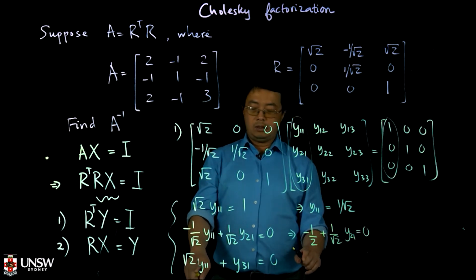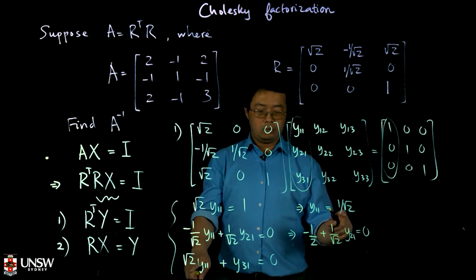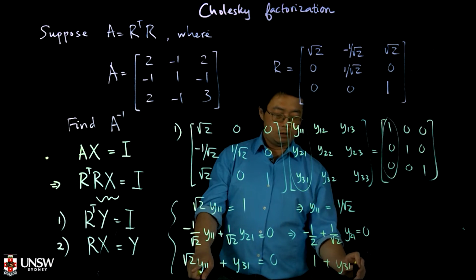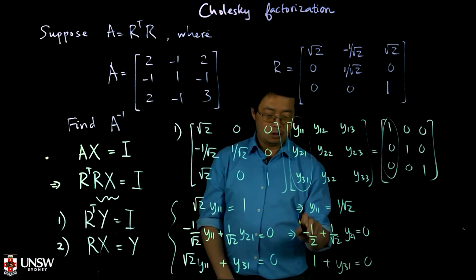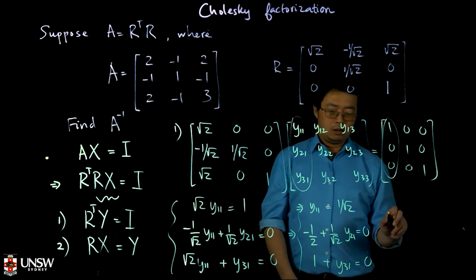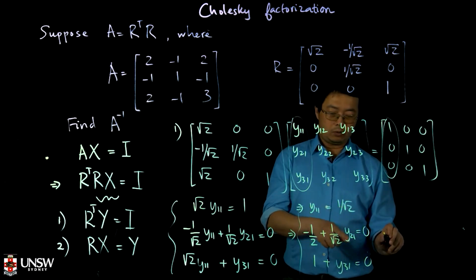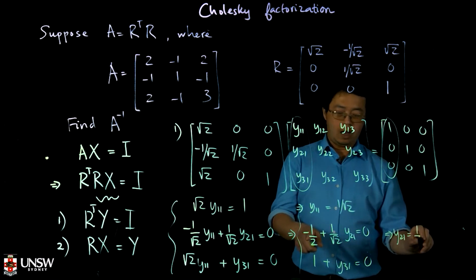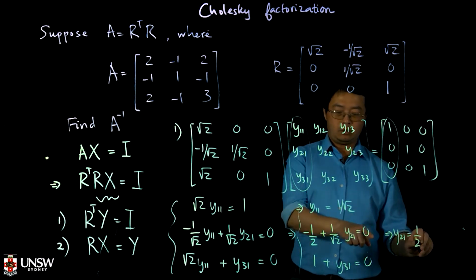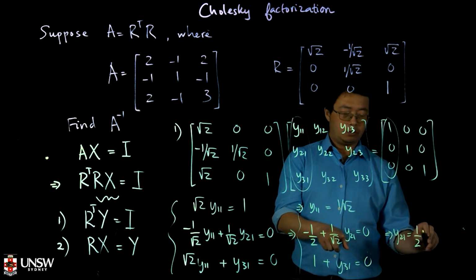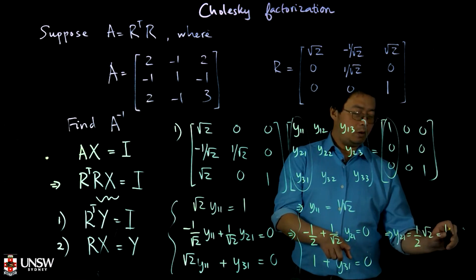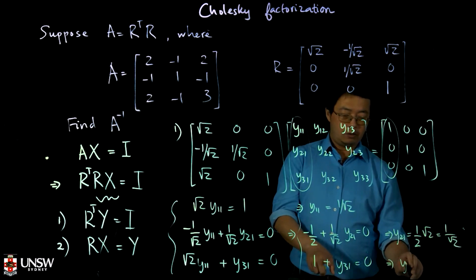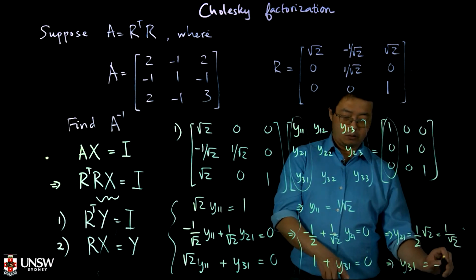The last one: Y11 is 1 over root 2, which cancels with root 2 here, giving 1 plus Y31 equals 0. So now I have Y21 equals 1/2; moving this to the right and multiplying by root 2, it will be 1 over root 2. And the last one gives me Y31 is minus 1.